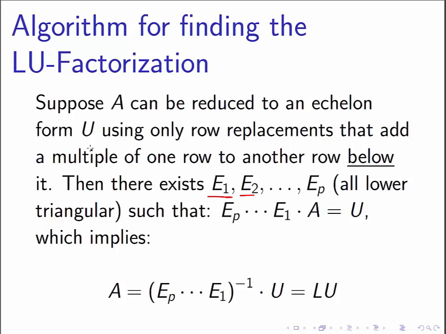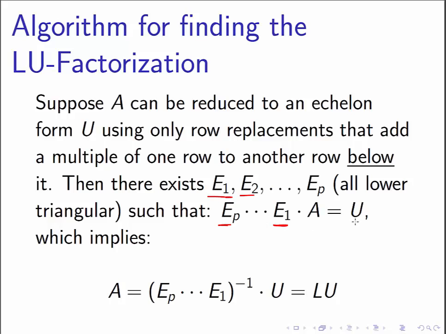If I took all of the row operations that were required to reduce A to U, and did each one of those row operations on the identity, that would give me a list of elementary matrices. Since the row operations are done from right to left, I would put the first row operation on the left side of A, and then the second row operation and the third row operation, up to the last row operation.